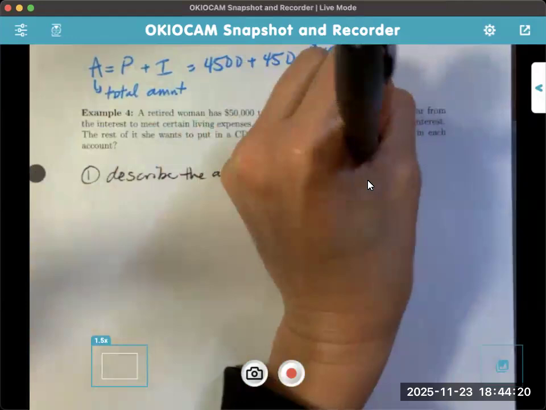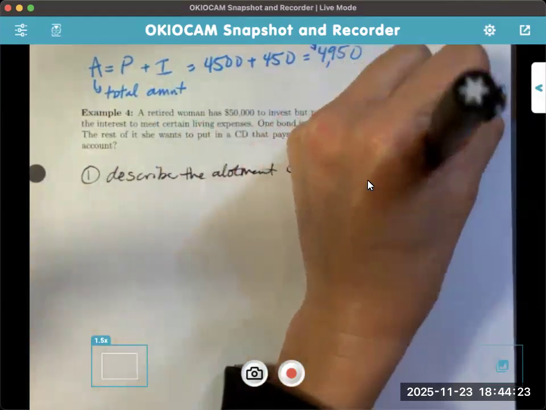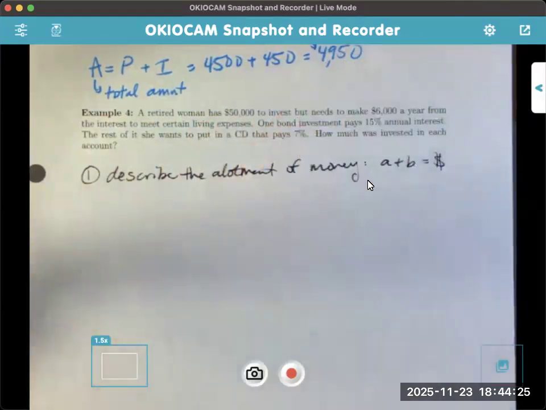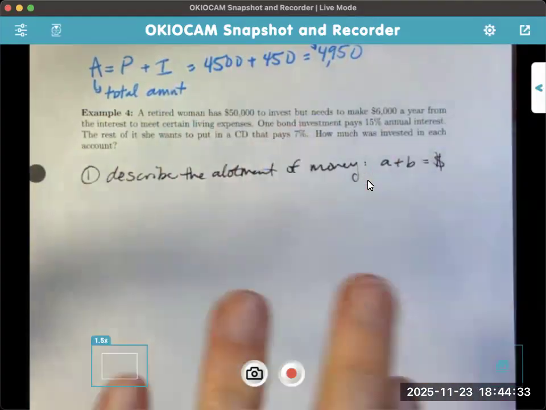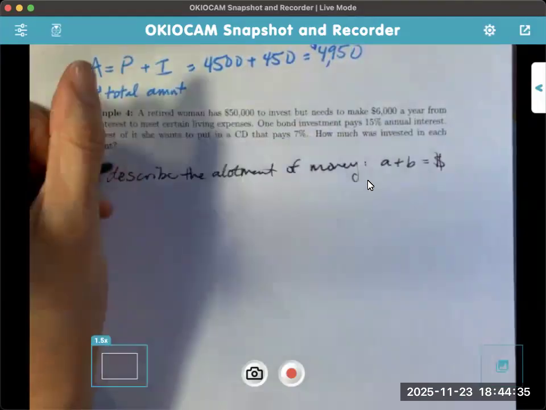I mean, basically, it's usually like A plus B equals some amount, or W plus X, Y plus Z. Doesn't matter. But usually you're just saying, okay, some went to bank A, some went into bank B. That's really it.